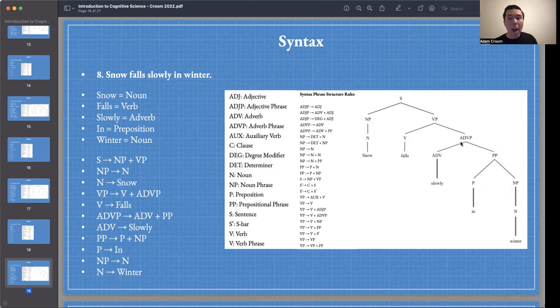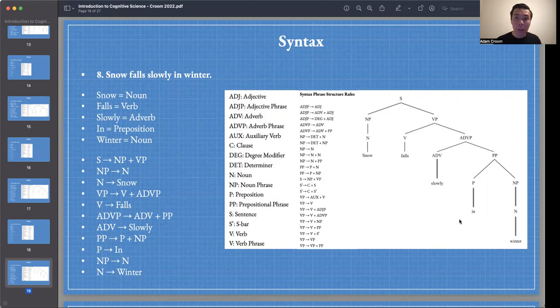The adverb phrase is slowly in winter. So that's what we have right here. And we see that the adverb phrase can take an adverb and a prepositional phrase. So that rule is right there.